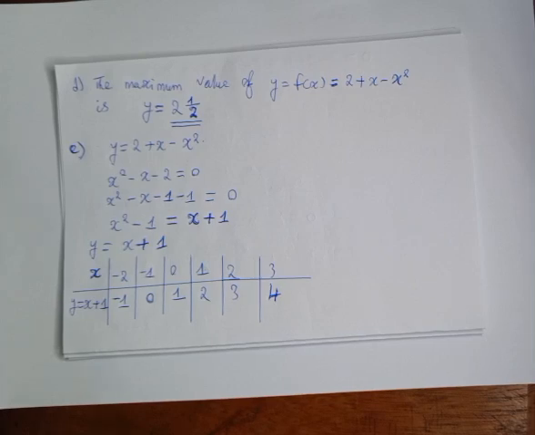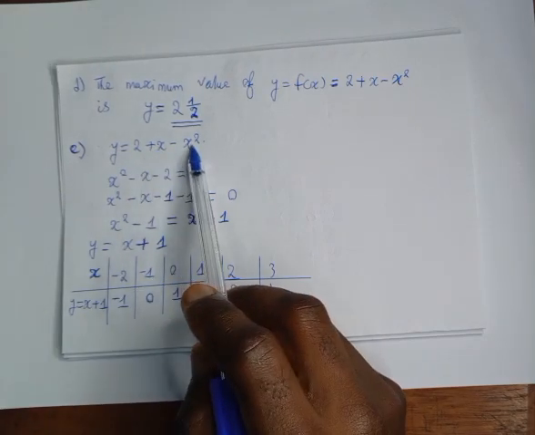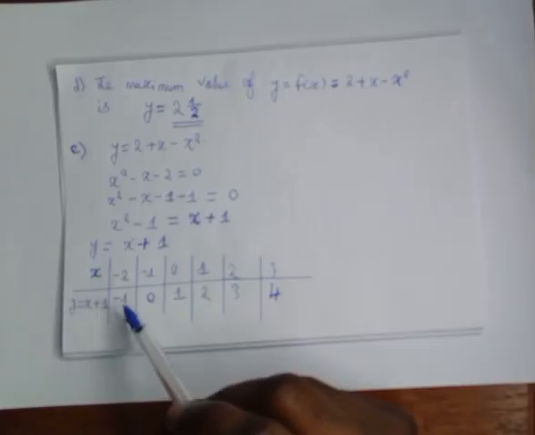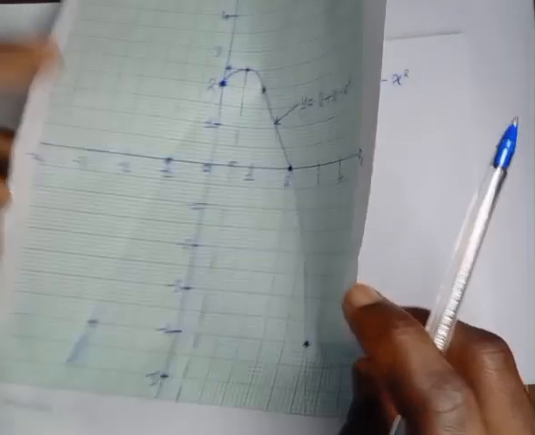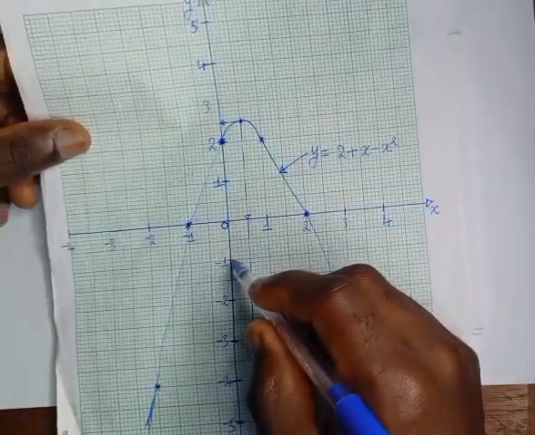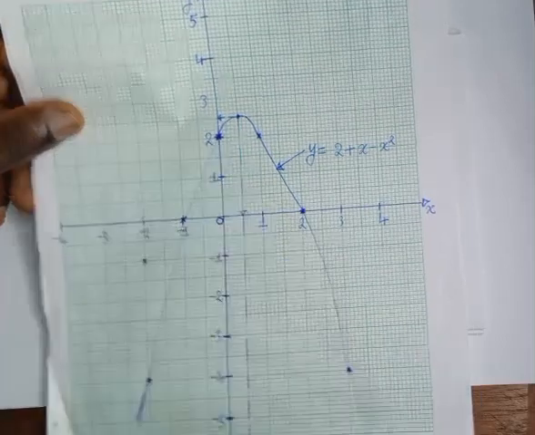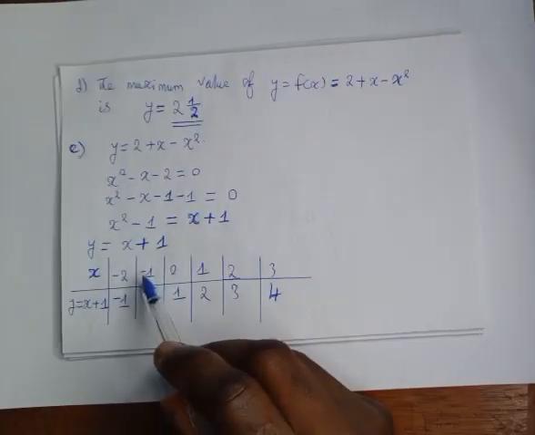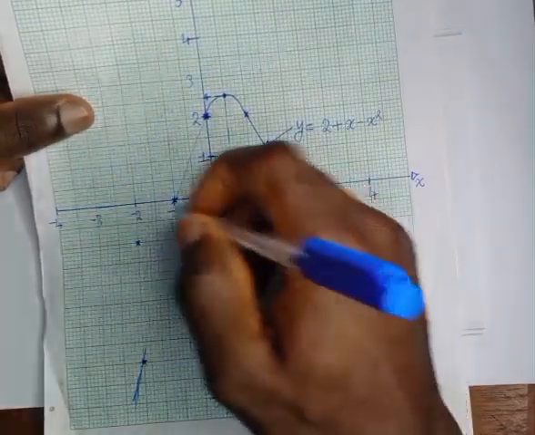The next thing, we need to draw our straight line on the graph of y equal to 2 plus x minus x squared. When x is -2, y is -1. We plot -2, -1. We meet here, we plot. We go to the next. x is -1, y is 0. -1, 0.